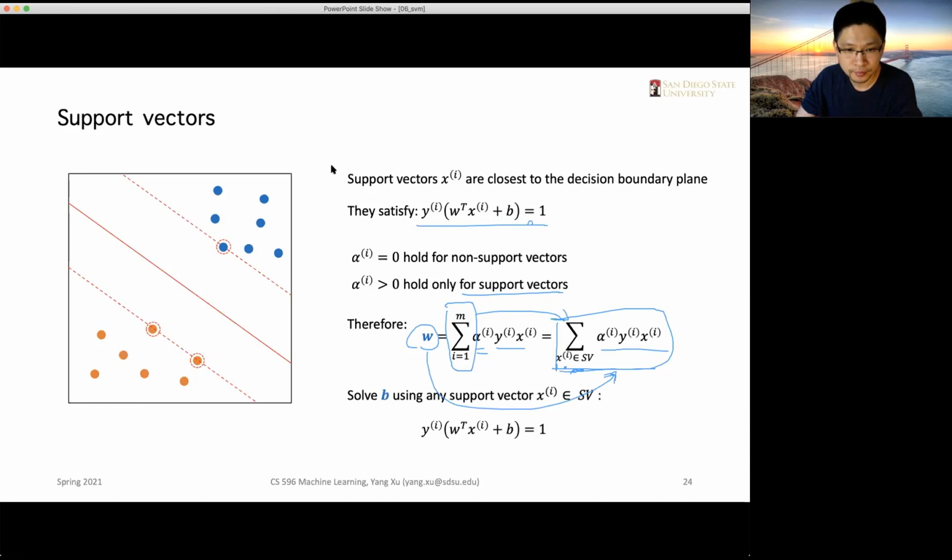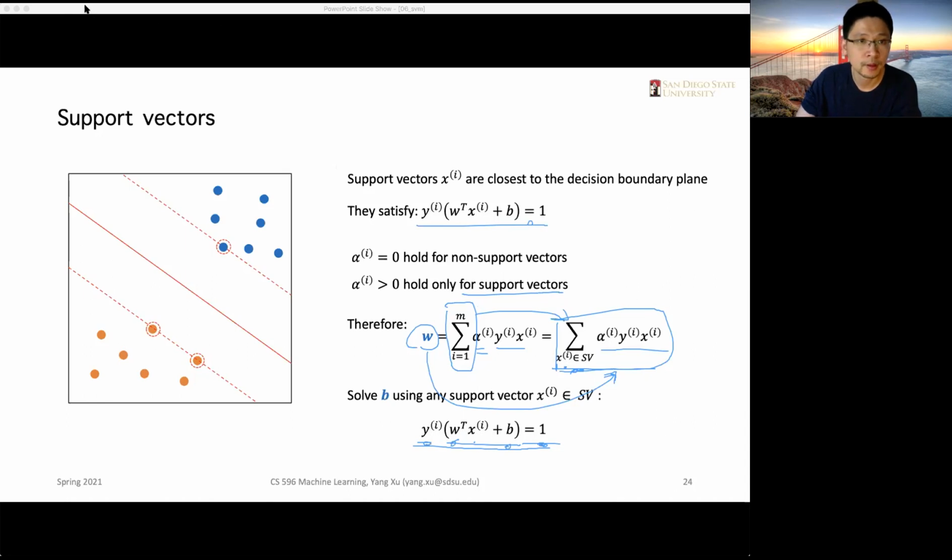Okay. And we can solve B by using any support vector. Because for the support vectors, this equation is equal to 1. The y times (W x + b) is 1 because support vectors are the nearest points to the decision boundary. Okay. Once we know the W and X and Y, the B is automatically solvable.